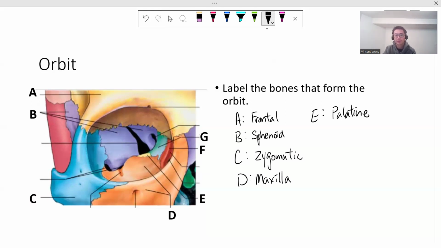Palatine bone. F is the lacrimal bone. And G is the ethmoid bone. Okay, so these form your eye socket, your orbit.